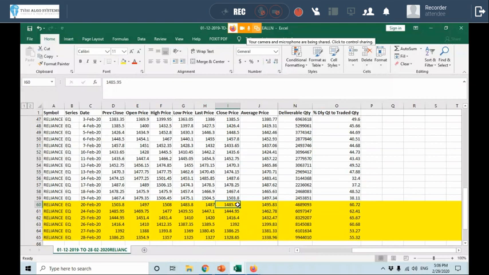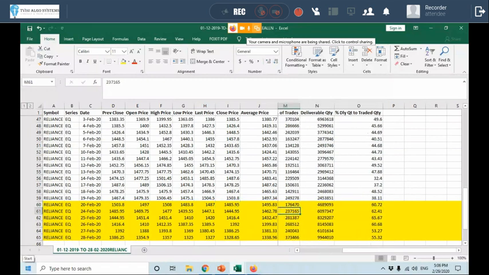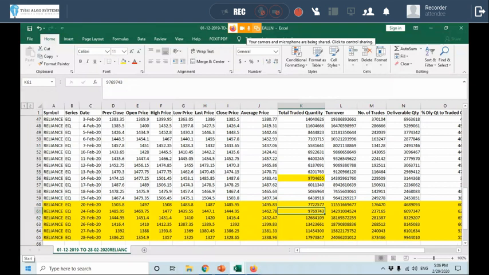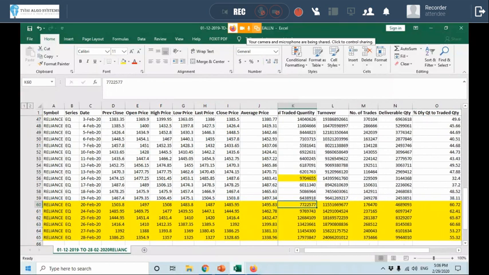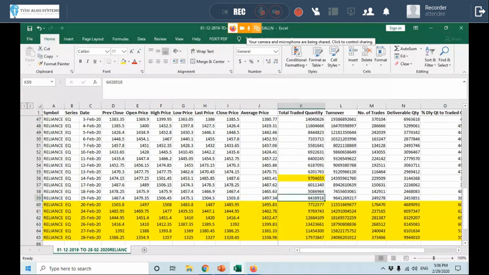Now look at the other day. Look at the quantity traded, boom, boom. Look at the delivery percentage now. Still good, higher than historic. Whatever was trading over here, look at the total traded quantity, some 64 lakhs, I guess.